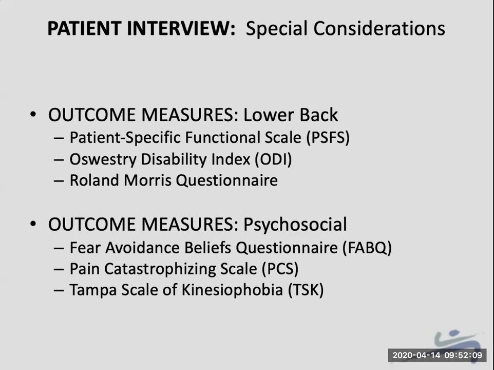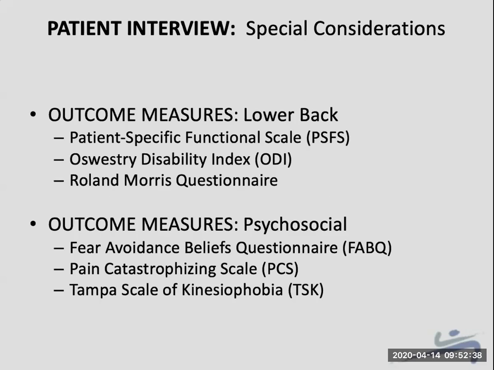So, outcome measures specific for the lower back: the Patient-Specific Functional Scale. Again, that scale is not limited to one particular region and can also be used to help track progress over time with different functional limitations. Our Oswestry Disability Index, our Roland Morris questionnaire, which I know you've talked about in research.